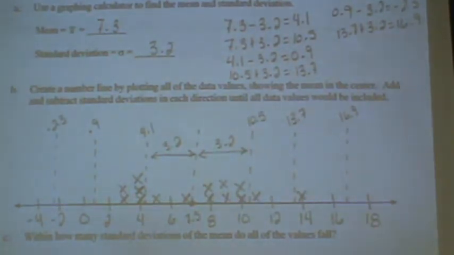Now we have a total of 3 standard deviations graphed on our number line. Are all of our points included within those 3 standard deviations? They are. We don't have any more data values outside of those standard deviations.